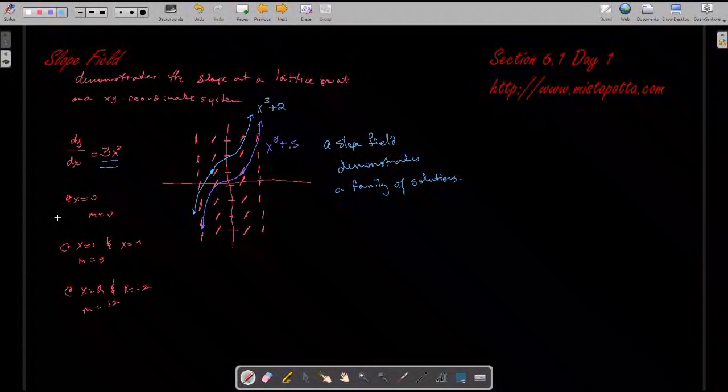In this case, it's rather easy to think of functions whose derivative would be 3x squared, because we've seen the power rule so much.